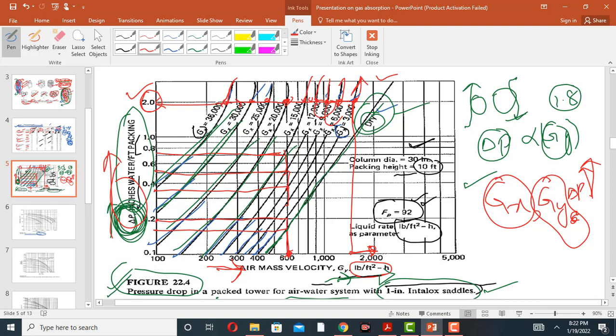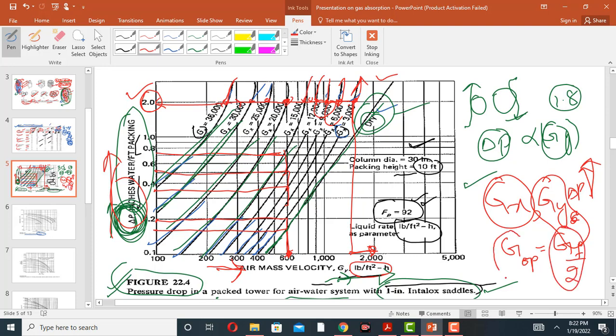So the optimum gas mass flux will be half of the flooding mass flux.